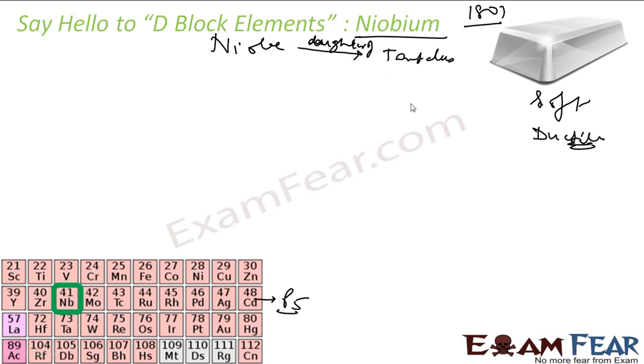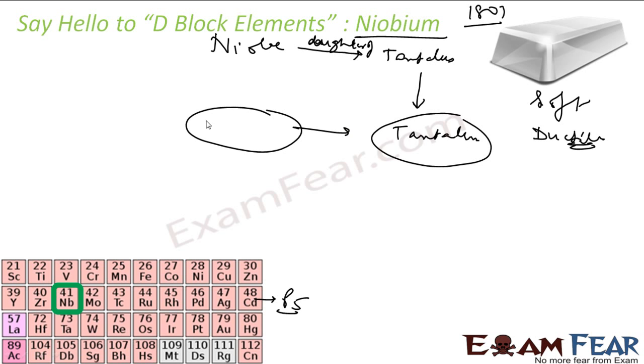From the mythological Greek name Tantalus, we have this metal called tantalum, right, which was discovered earlier than niobium. Now this tantalum resembles this newly discovered metal.